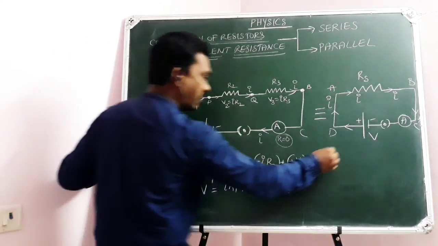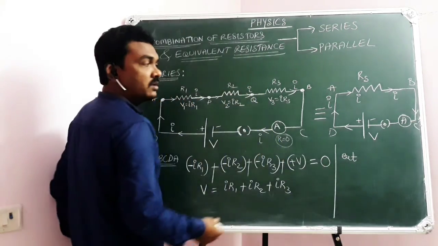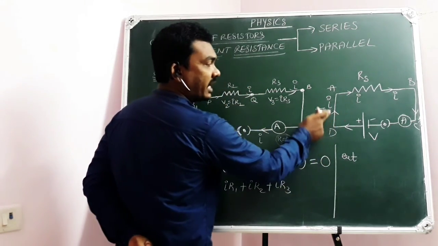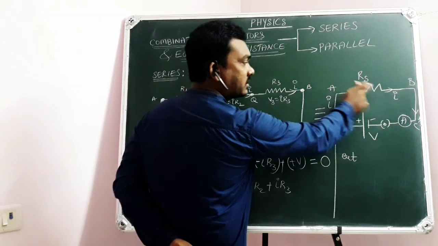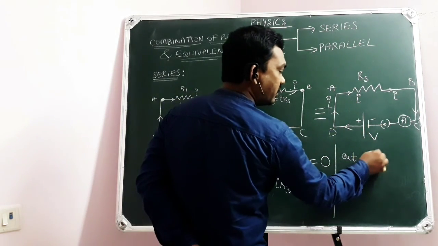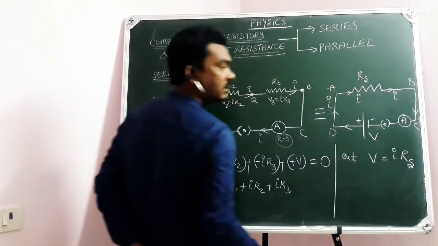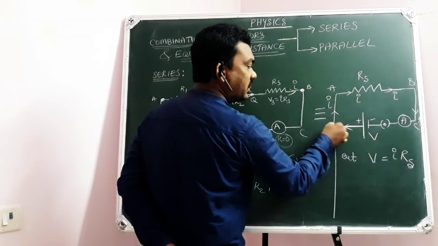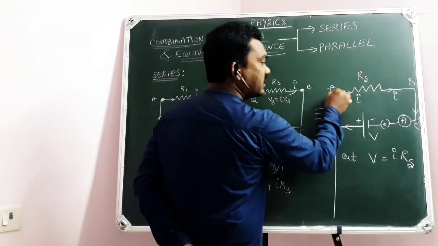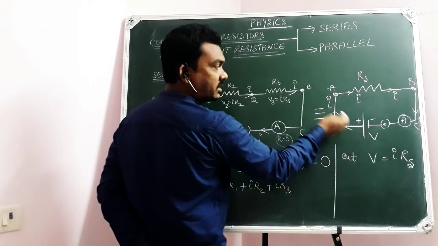But here I am continuing the mathematical equation. You look at this. There is current I traveling through RS across the voltage V. So I can write V equal to I into RS. The reason is, the potential difference across RS is equal to V, because there is no more potential drop anywhere else.